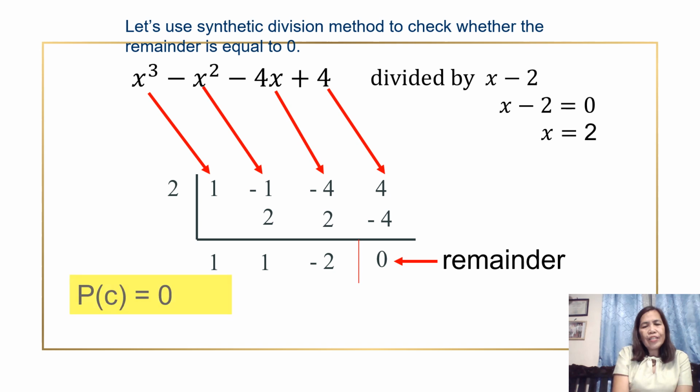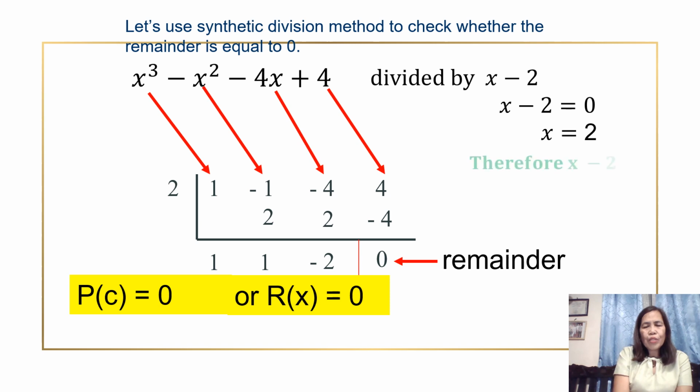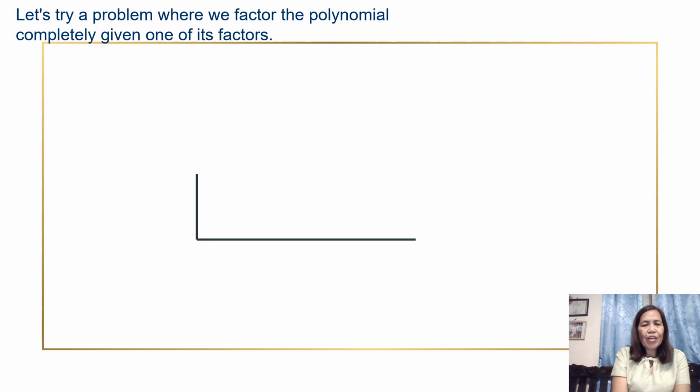So, dahil dyan, p of c equals 0 or r of x equals 0, so x minus 2 is a factor. Okay? So, yun ang gamit ng factor theorem. O, isa pa.